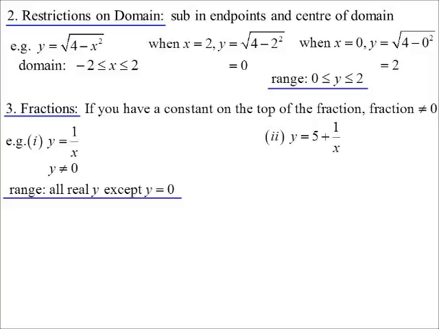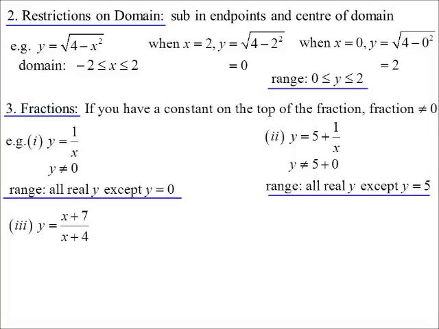5 plus 1 on x, the fraction can't equal 0. So therefore y can't equal 5 plus 0. There's my range. Ooh, x plus 7 is not a constant on the top. But I could rewrite that fraction. It's actually 1 plus 3 on x plus 4. Fraction has a constant on top.